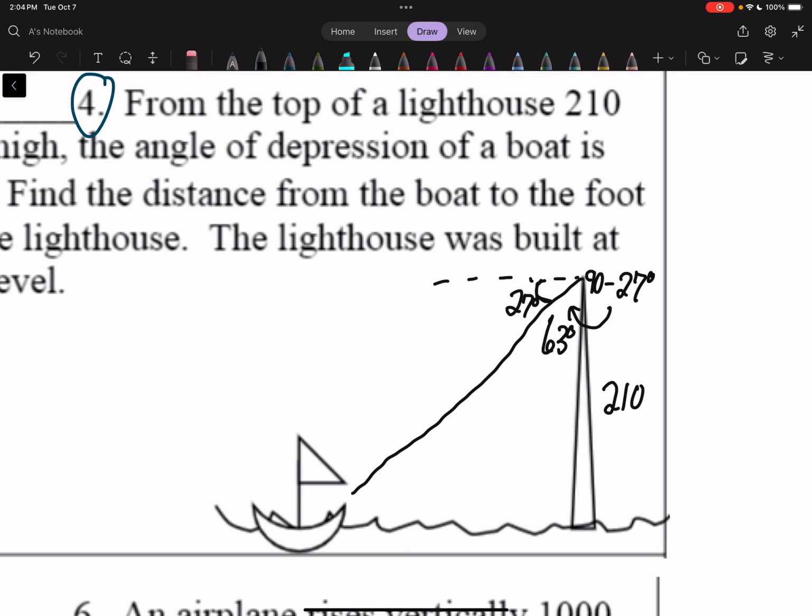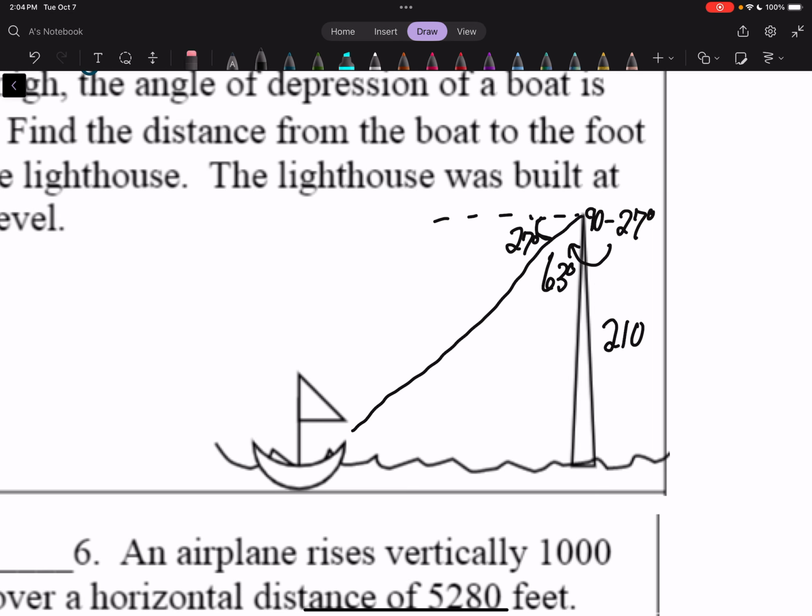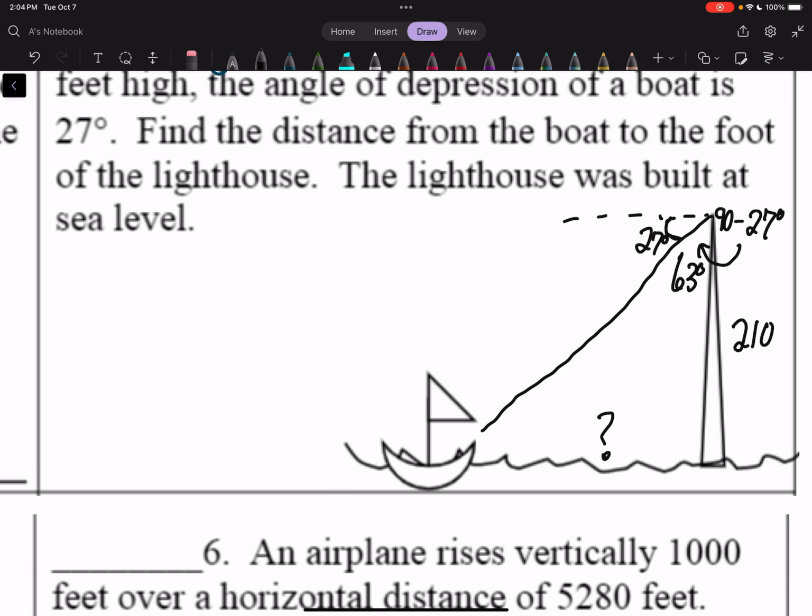All right, find the distance from the boat to the foot of the lighthouse. I'm looking for this distance. Here's my right angle. I have the opposite and the adjacent. I'm using tangent of 63 degrees is equal to question mark over 210.